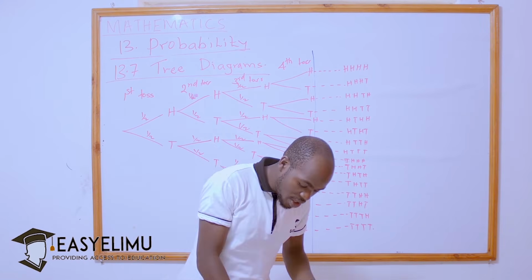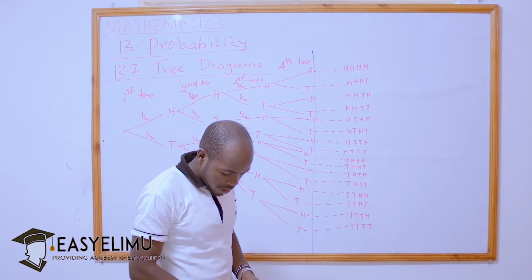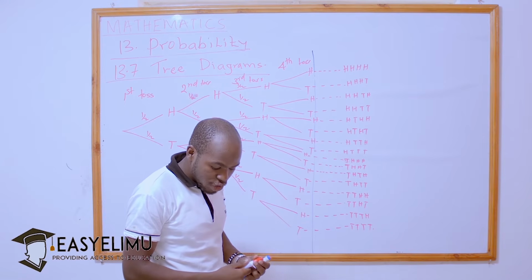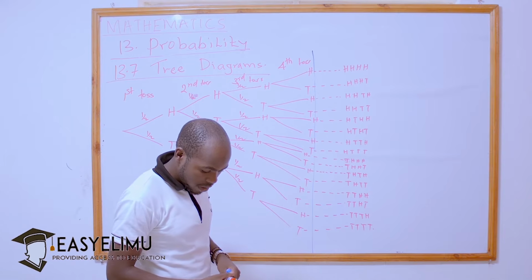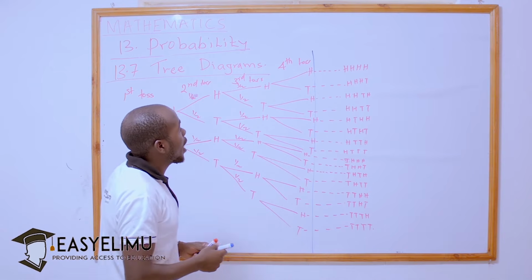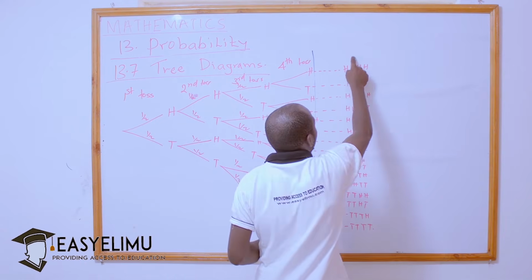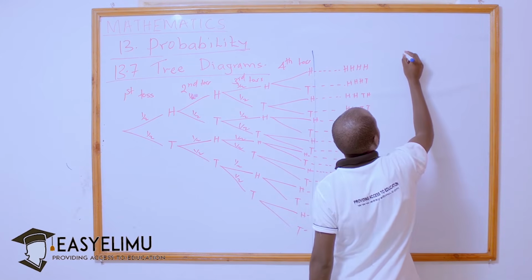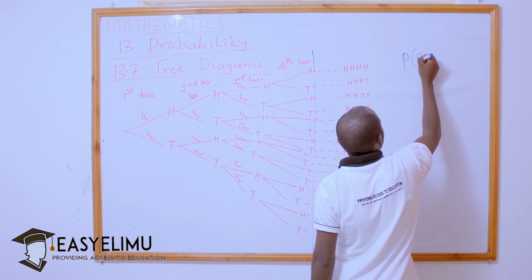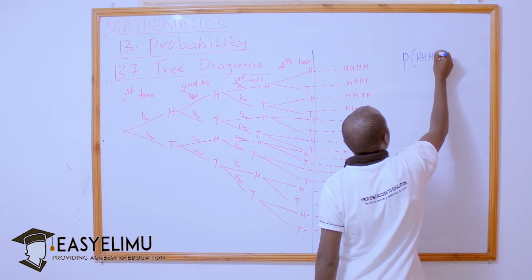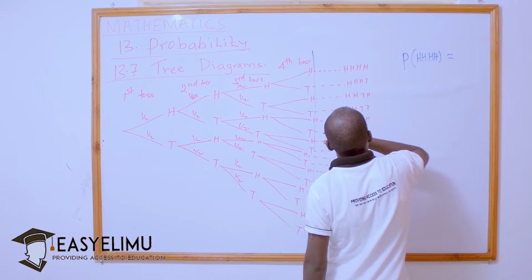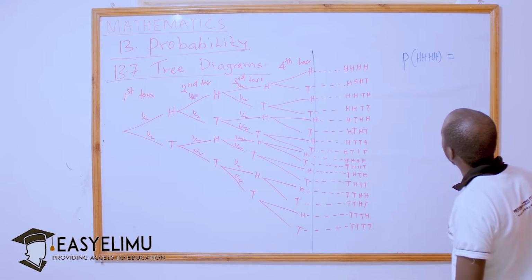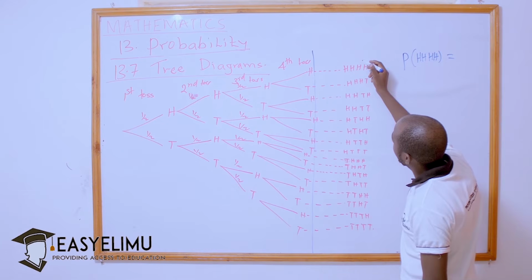So here we have been told to find the probability of getting 4 heads. There are 4 heads, and it's only in one place that they are represented as 4 heads.